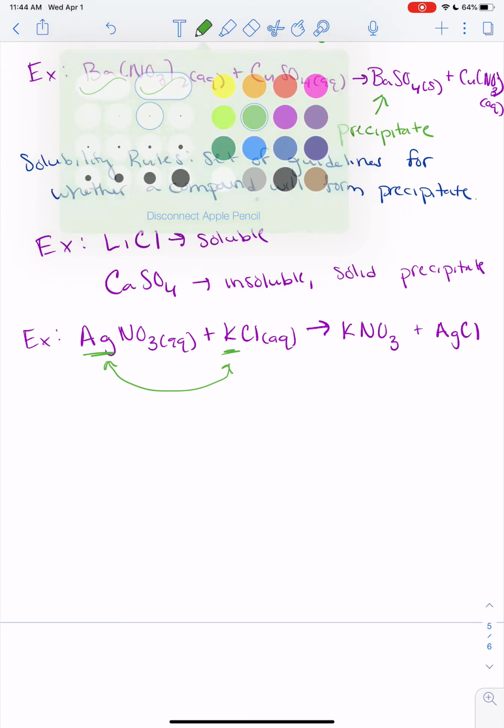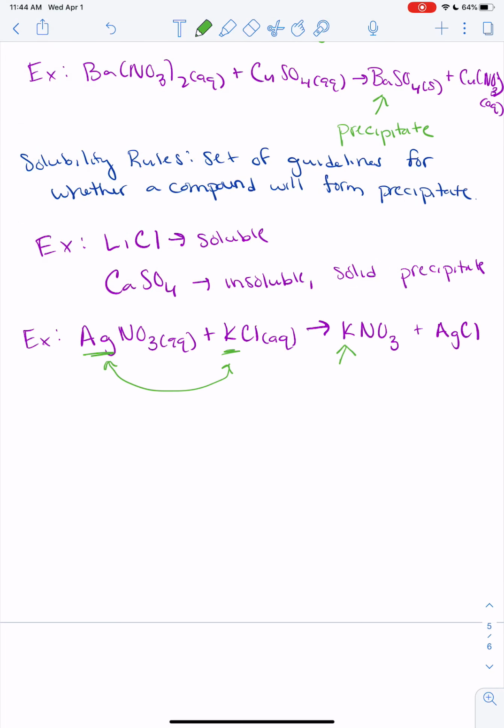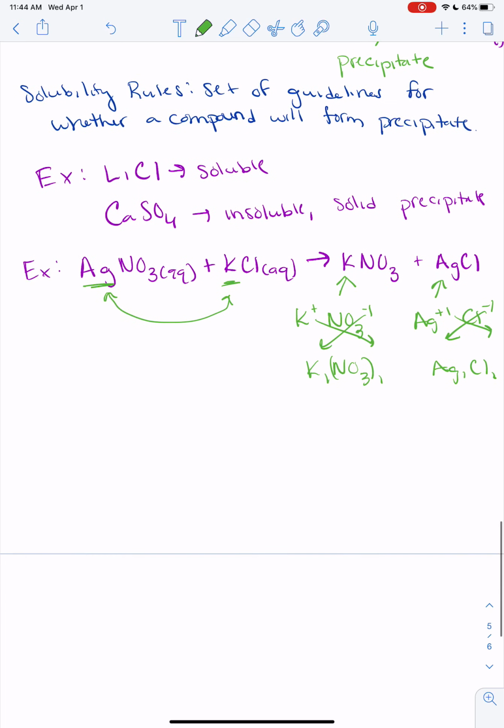And again, we need to check that we have the right subscripts. Potassium is +1, nitrate -1, switch it up, K1, NO3, 1, so that's right. Ag is +1, Cl is -1, switch it up, Ag1, Cl1, so that's correct. And now we need to check solubility.